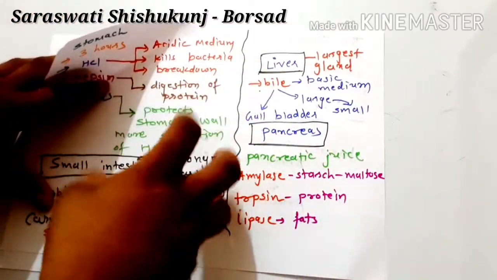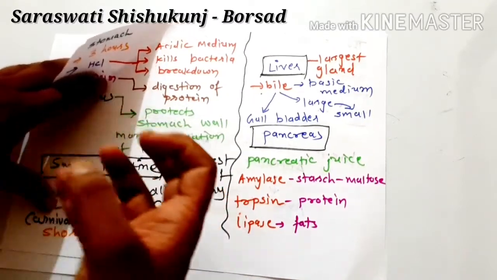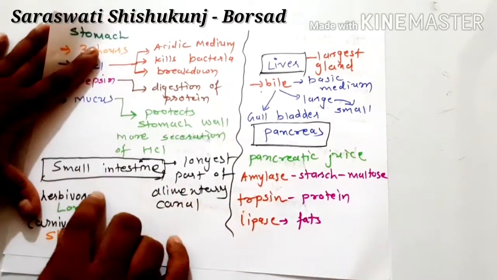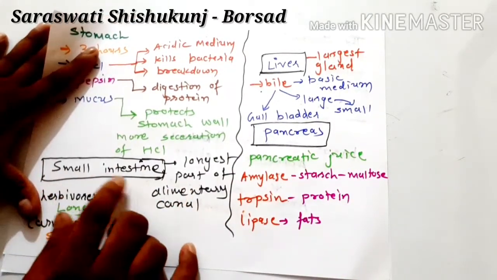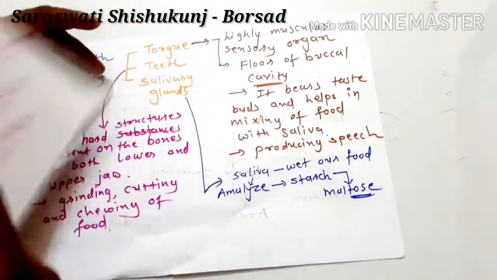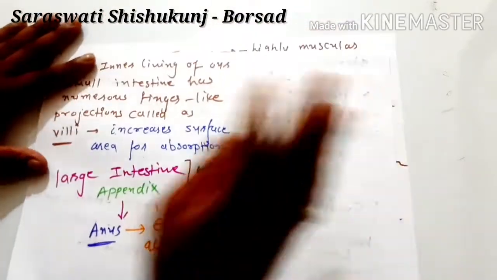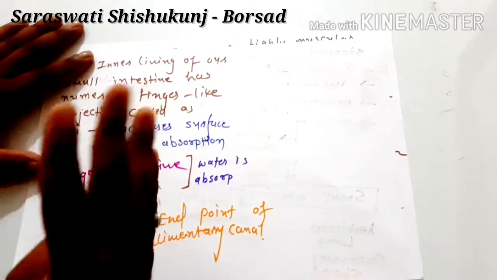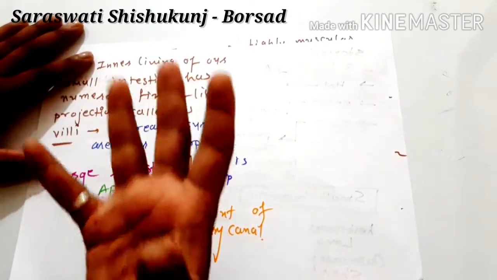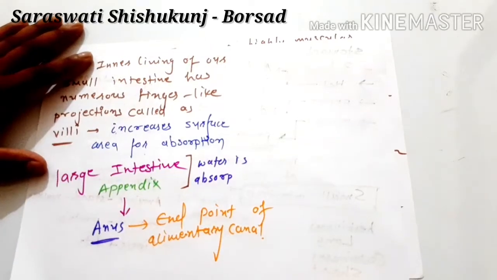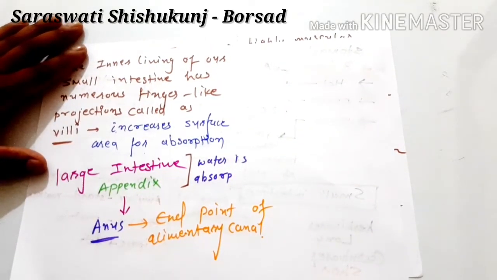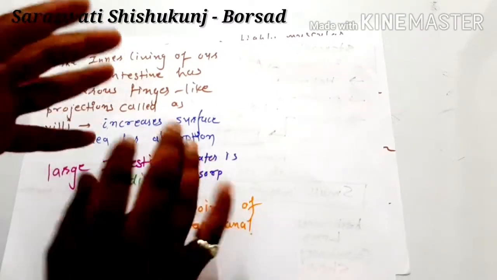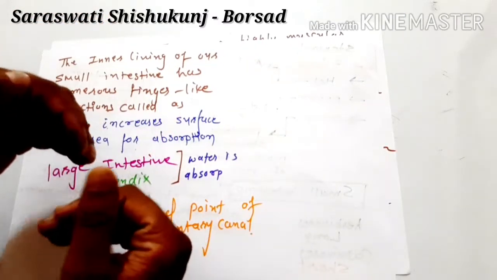So all this, when it is mixed, now it's time to absorb the nutrients, and that absorption is done by the wall of our small intestine. So at the wall of the small intestine there is a finger-like projection which is known as villi, and as it increases the surface, absorption will be easy in our small intestine. After absorption of the nutrients, the food is sent to the large intestine.